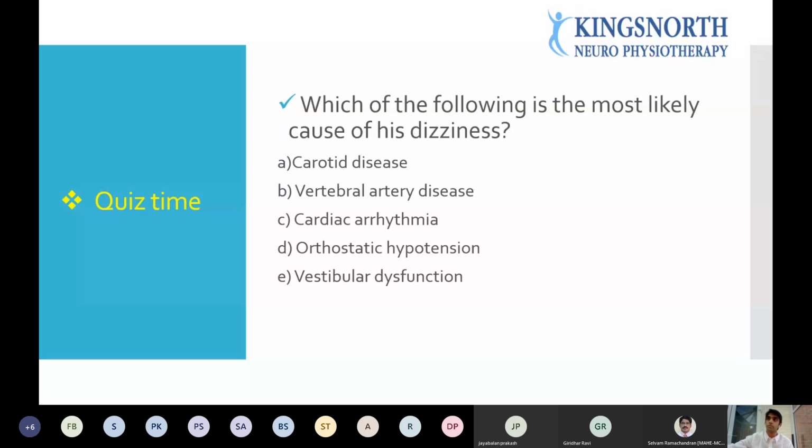If you think this is a possibility, then you go to the next level. But absolutely, vertebral artery disease is one of the queried, and vestibular dysfunction is the second one. But this patient got diagnosed with vestibular dysfunction.